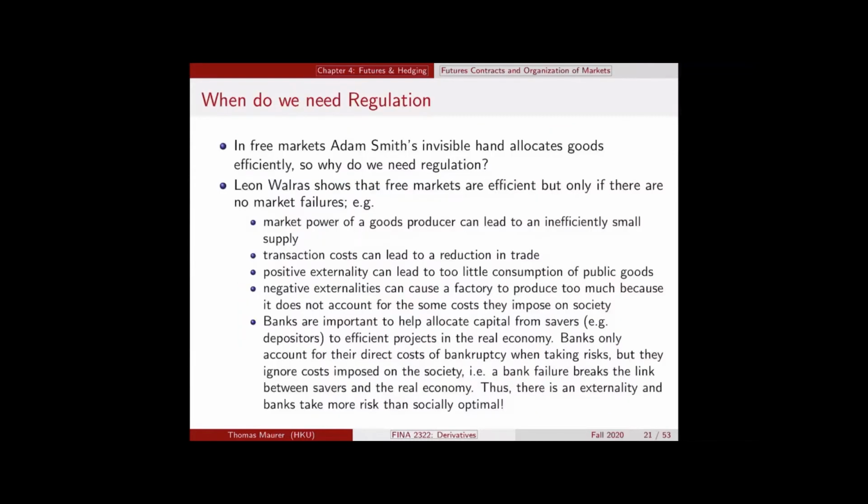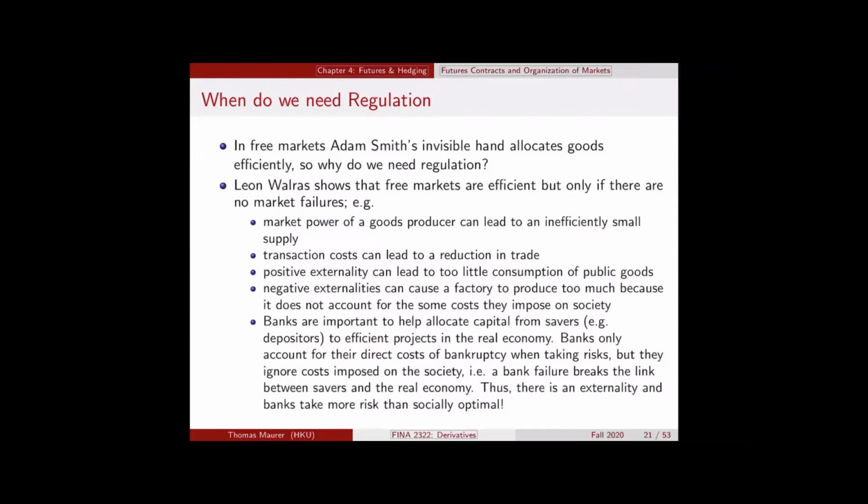Let's go very quickly through some more general discussion on regulation. So the basic argument which you learn as an economist is the argument by Adam Smith. And basically Adam Smith says, if you have free markets, then you get an efficient allocation. So if you just know about Adam Smith's basic theory, then you would ask, so why do we then ever need regulation, since the free market actually does a good job?